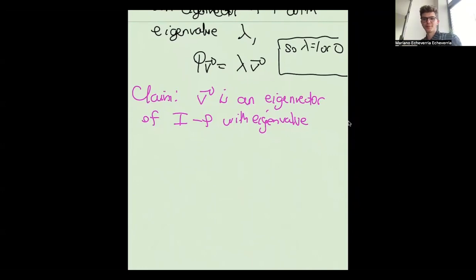Maybe you should give people time to work it out. Yeah, it kind of depends on the value lambda is taking. Let's try to see what I mean by this.